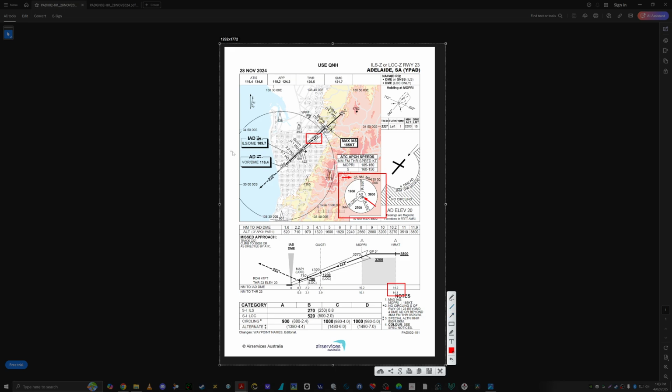If you look at the Adelaide VOR here, you can relate this to it. You see the R350 here, that means radial. Don't forget, VORs emit radials.